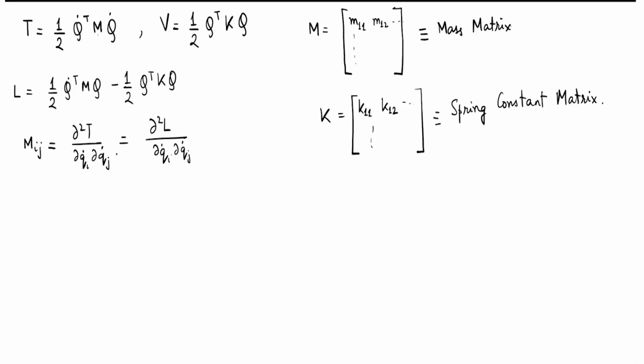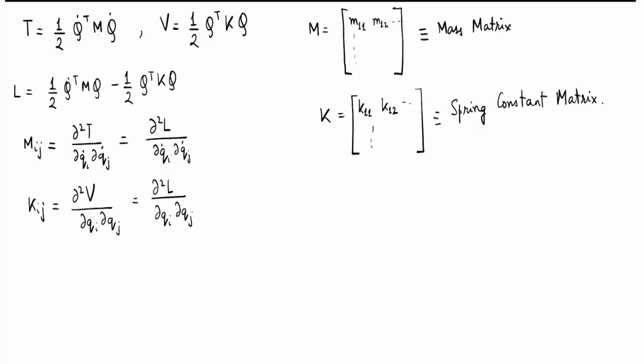So Mij equals del 2T del Qi dot del Qj dot. The spring constant matrix Kij equals del 2V del Qi del Qj, equals del 2L del Qi del Qj. Okay.